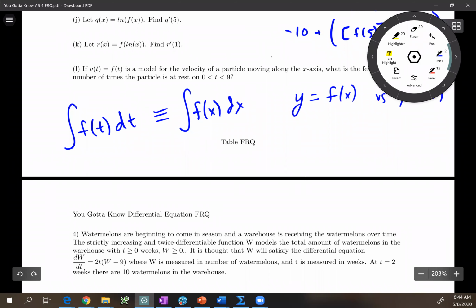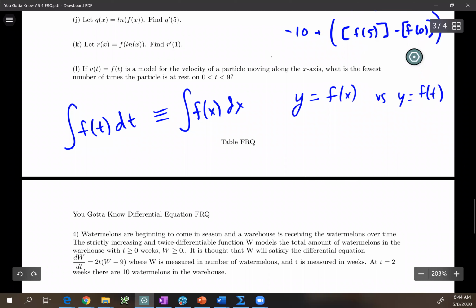Because if we took the derivative with respect to t of both sides here, this would become dy dt equals f prime of x times dx dt. And the reason we need to multiply by dx dt is that we have x and we were differentiating with respect to t, so they're different.